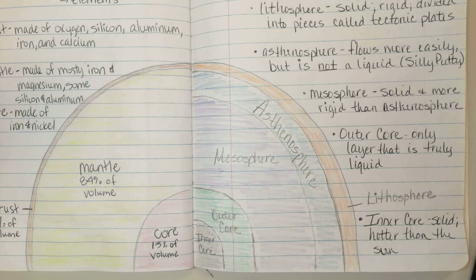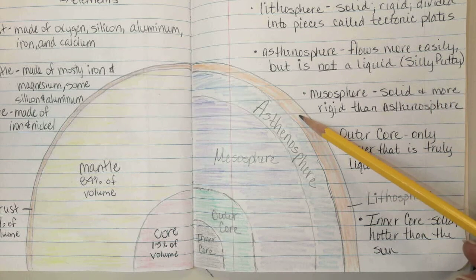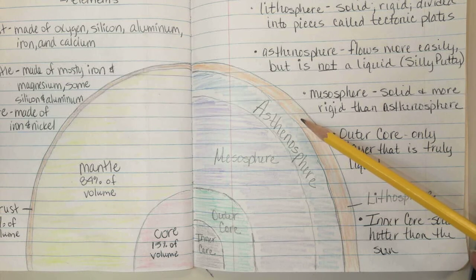So we've got, again, just as a review, we've got the temperature, we've got the density, we've got the viscosity in our descriptions, and then we color-coded right here. In the lithosphere, just to review, it's a solid. It's not near as hot.